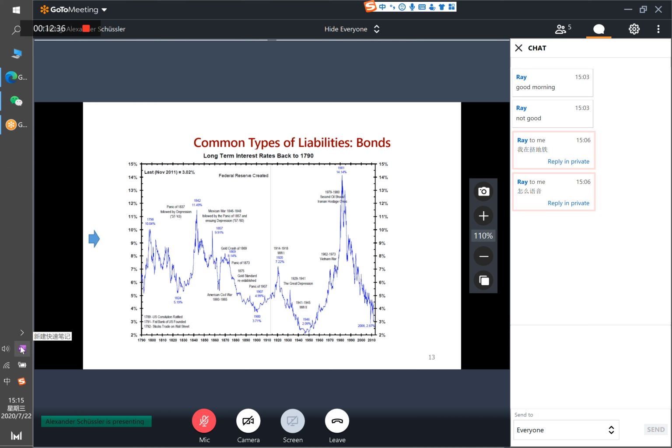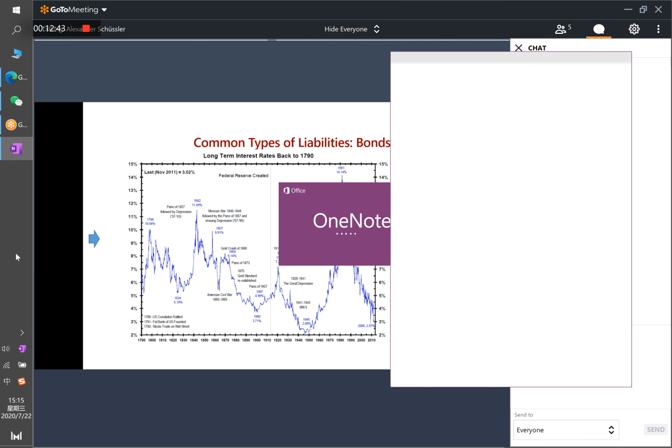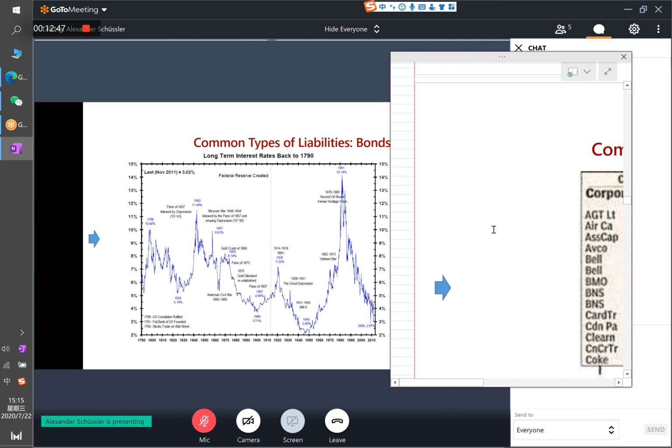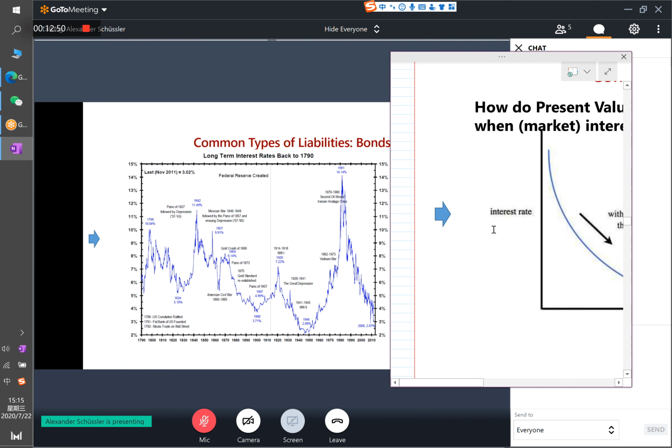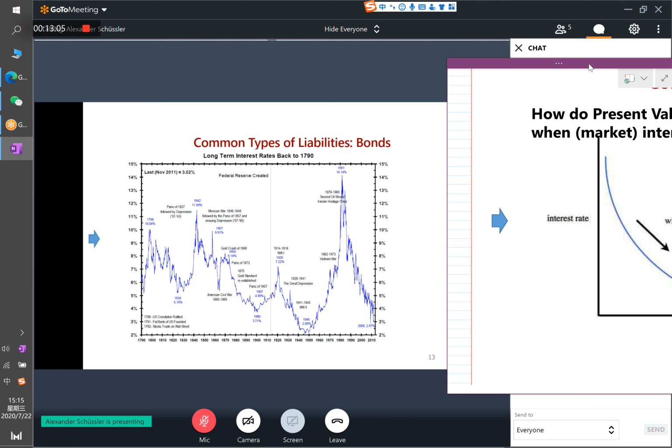Look at the 1980s, we had the oil shock, and at that time interest rates were always double-digit numbers. So we had very different times relating to interest rates. Interest rates can move quite a bit.